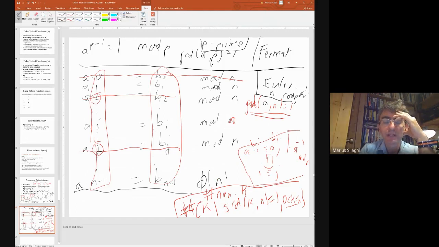So if we cut all the numbers that were not relatively prime with n, we remain with Euler totient of n numbers. So when you multiply on the column, you are going to have here a times a times a. How many times do they remain?